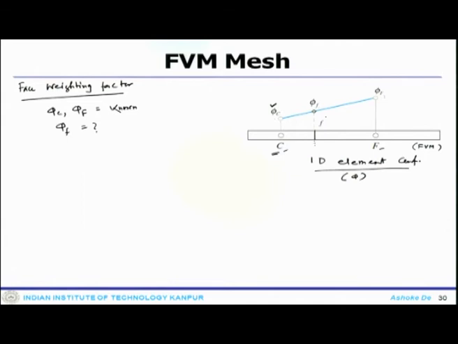One way one can do this is simple linear interpolation. If you do that, then your face value phi_f, the small f, one can write as some factor g_f into phi_F, taking the contribution from here, plus 1 minus g_f into phi_C.